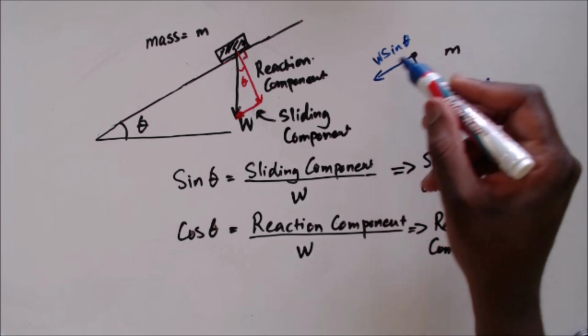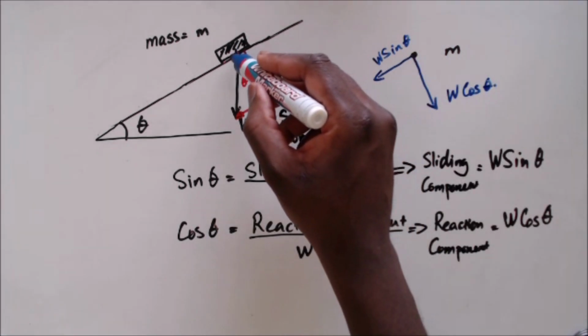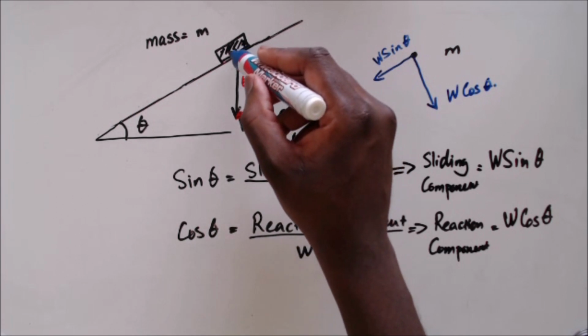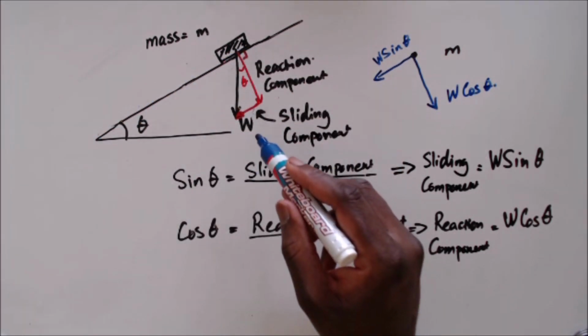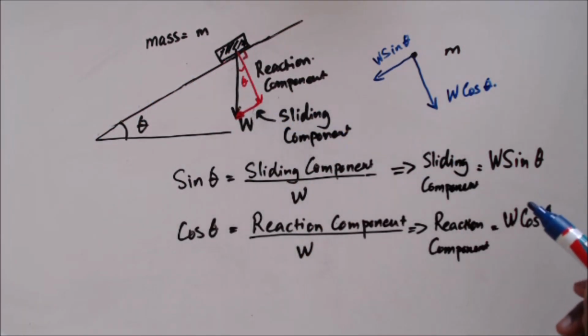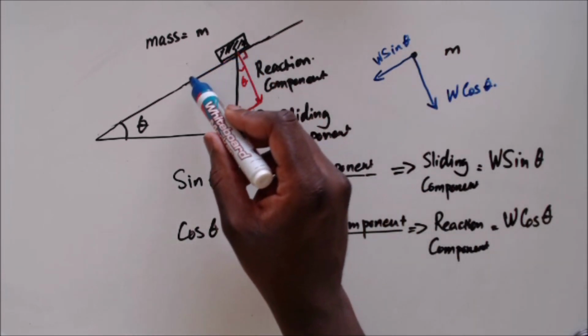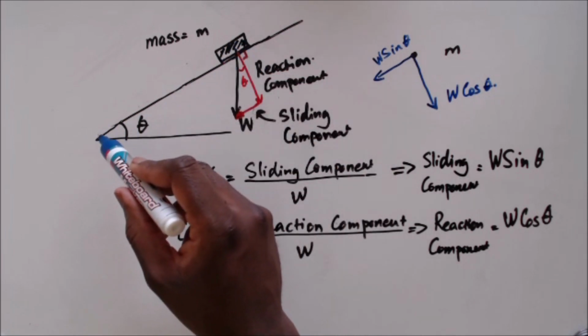So you'll see straight away that with a force which is acting this way, if this is a smooth plane without friction, this will begin to slide that way. So this sliding component, which is W sine theta, is going to govern the acceleration of this body down the plane.